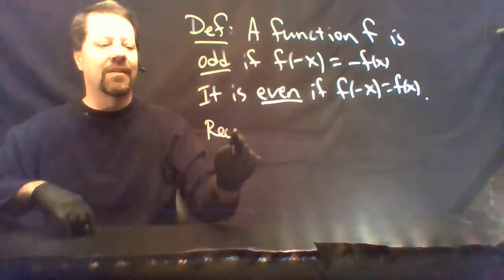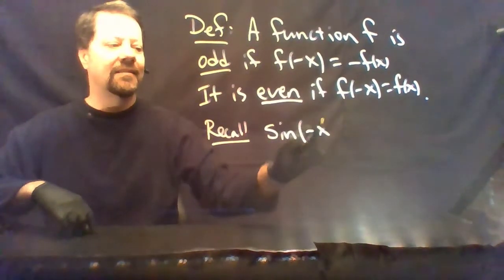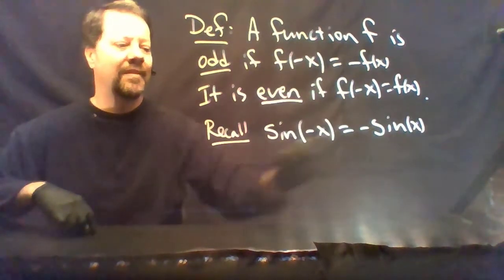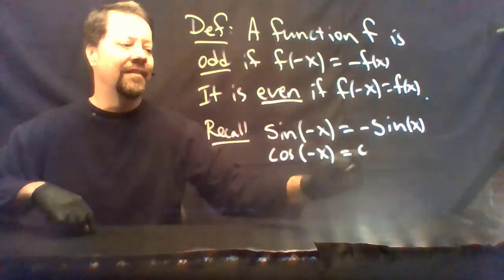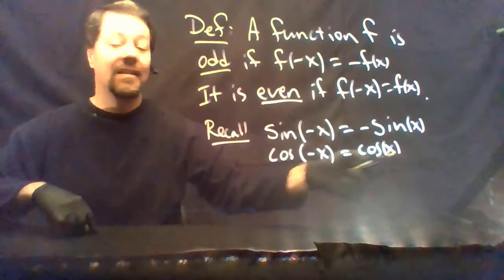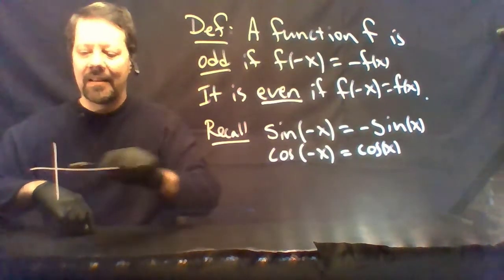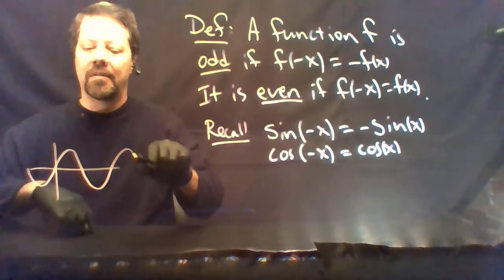You might recall sine is odd. Cosine is even. And you can see this in their graphs. The sine function goes like this.